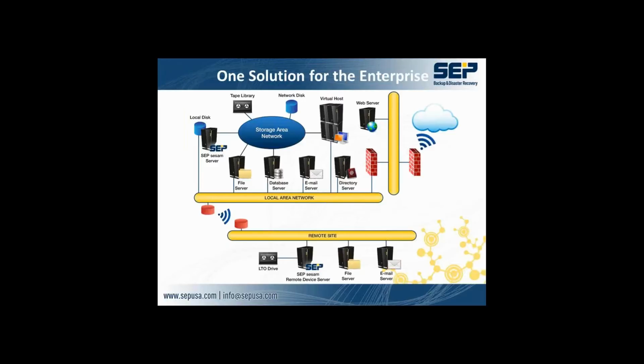And then if we look down on the bottom here, we're also able to manage remote sites, whether it's something across the campus or something on the other side of the world. Very easy to manage. We can back data up locally at different remote sites. It could be backup to tape or to disk, or pushing data off to the cloud.